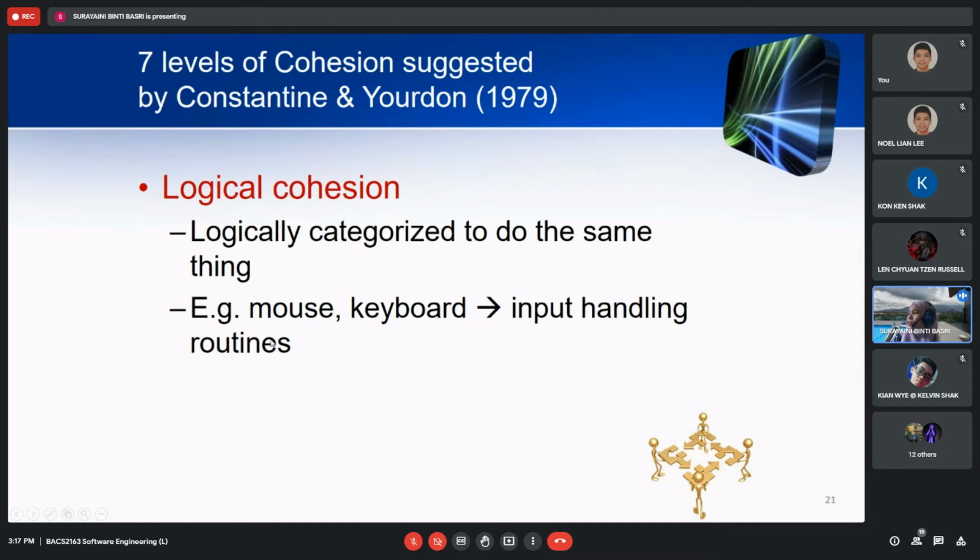even though this one is mouse and keyboard, let's say you have these two components, but let's say they are not related to each other. They are not working together in order to make something successful. Okay, but we know that mouse and keyboard usually work together.